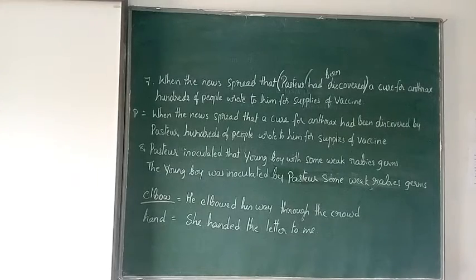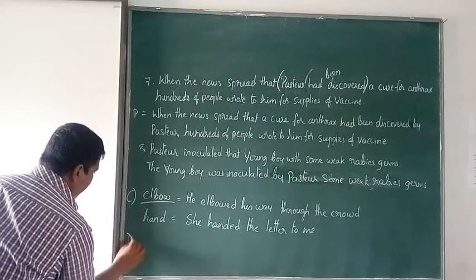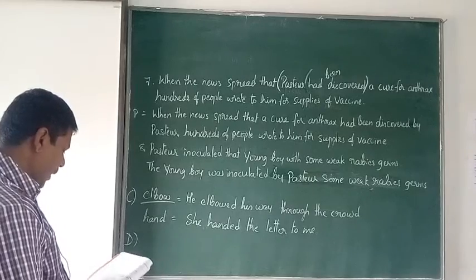The next one we have is part C in your book. Then there is a part D also. Here the sentence has wrong words underlined.